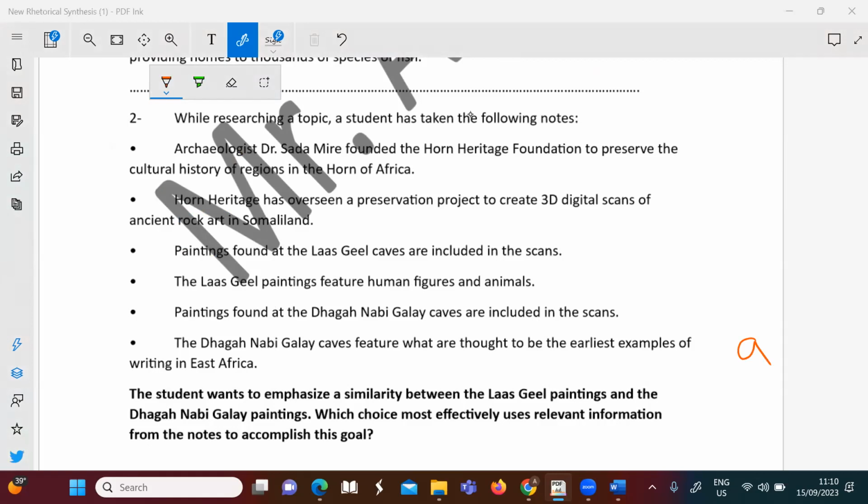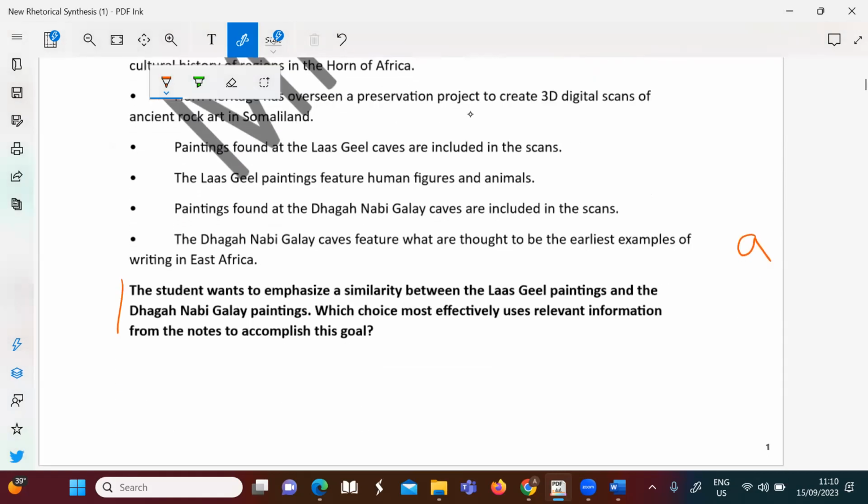Yes. I want you to analyze the prompt at the very beginning before moving. The student wants to emphasize a similarity between the Laas Geel paintings and the Dhagax Khaadh gallery paintings. Okay. So what are the key words here? So the choice you will pick should include what? Similarities.